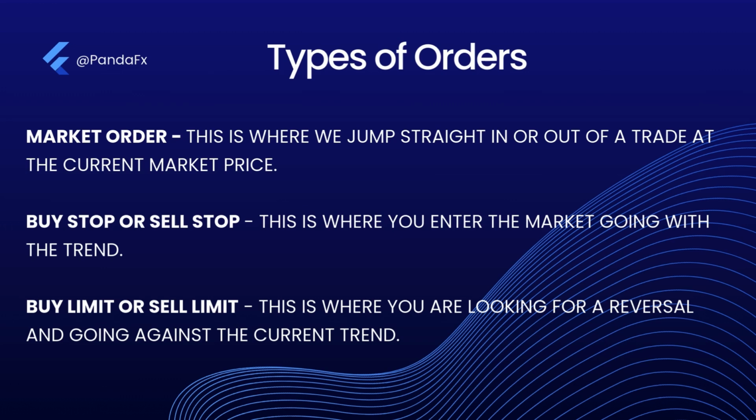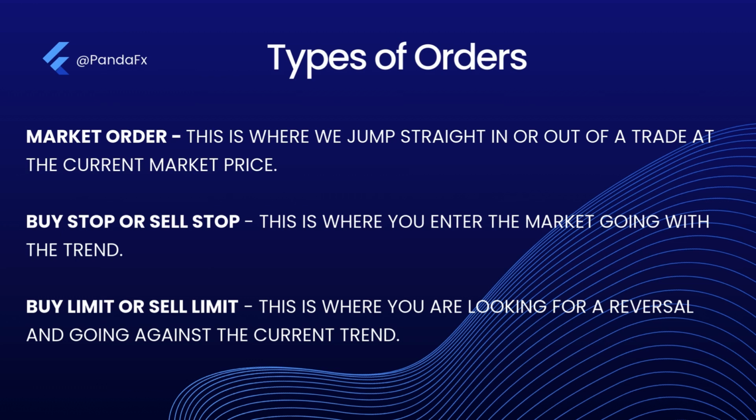For the buy stop or sell stop, this is where you enter the market going with the trend. This is the easiest to explain. In the case of the buy stop order, you are placing an order above the current market price, and when the market moves to it, your order gets filled.